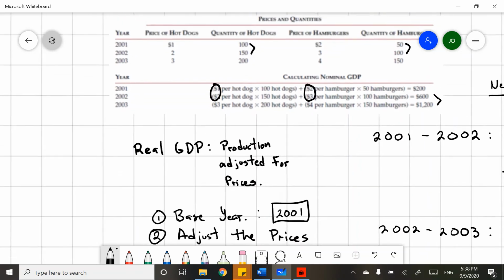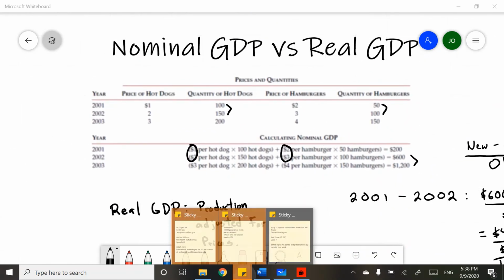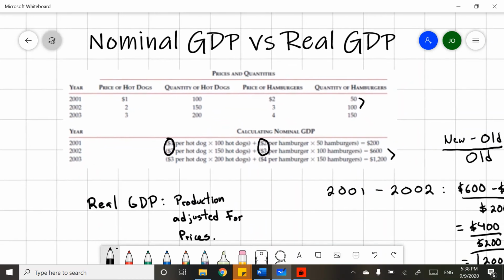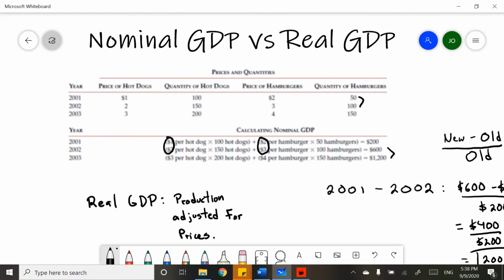Let's go back to our original data. What adjusting the prices means is that since our base year is 2001, we are going to cancel out any changes in prices in 2002 and 2003. And basically, we're just going to use one price, the price of the base year.